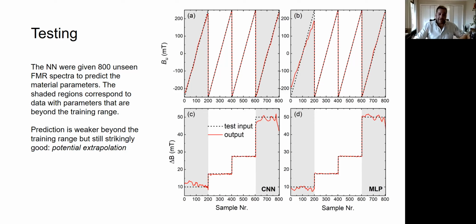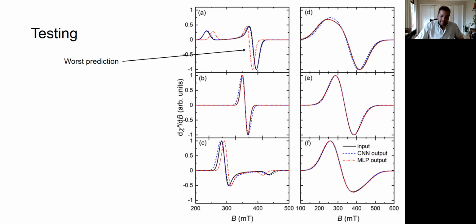So this is a very encouraging result, because that means we can indeed use this for our purpose, which is, if we can train an artificial neural network with enough data, then we'll be able to show it data and it will tell us what fields are in the material. And here we're comparing material parameters. We'll compare spectra with those material parameters.